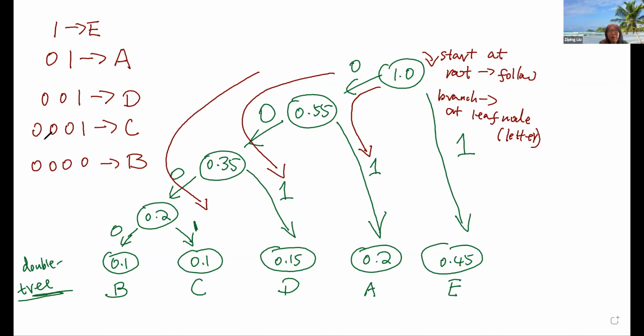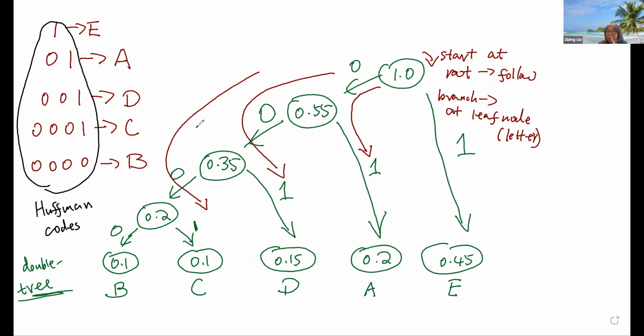And you can see following the path, you have either 0 or 1. Is it? And basically, all of these are Huffman codes, okay, for this set of A, B, C, D, E. Just in this case, okay, it's not like ASCII code, which is permanent, it's never changed.